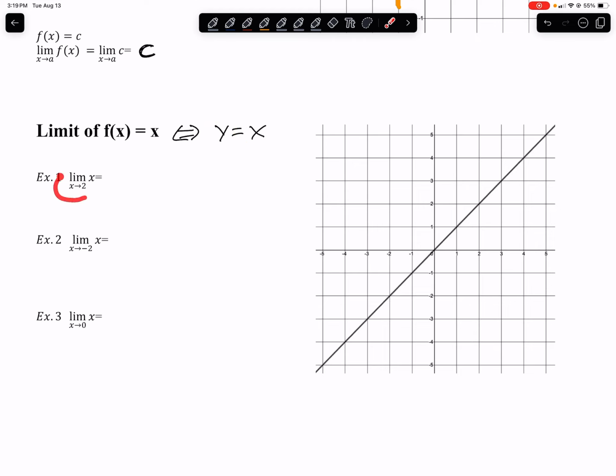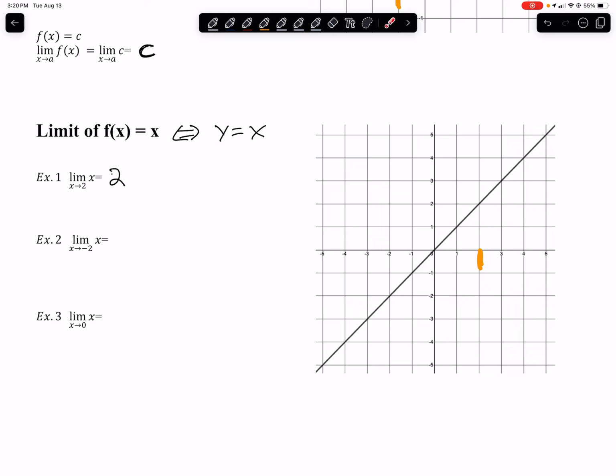So let's look at this limit from both sides of 2. So x is 2 right here. So we're going to be approaching 2 from both sides. As I approach 2 from the left, what does the y value get close to? It's 2. As I approach 2 from the right, what does the y value get close to? 2. So the limit of that clearly is 2.